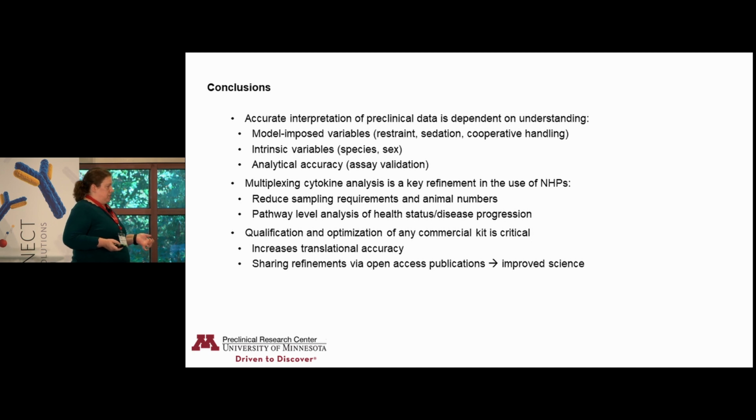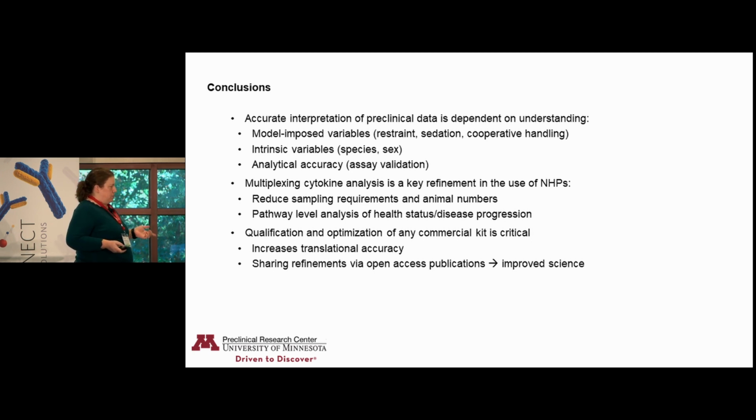Multiplexing cytokines is a key refinement in the use of NHPs. We're always trying to reduce the amount of blood we have to take from them and do the most with the least amount of samples. So multiplexing is great for that. And the pathway level analysis gives us a view into health status and disease progression, as well as how any interventions are performing.